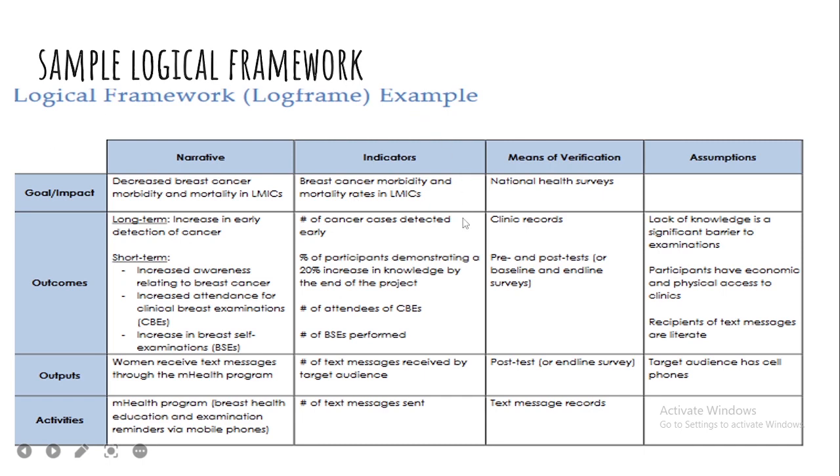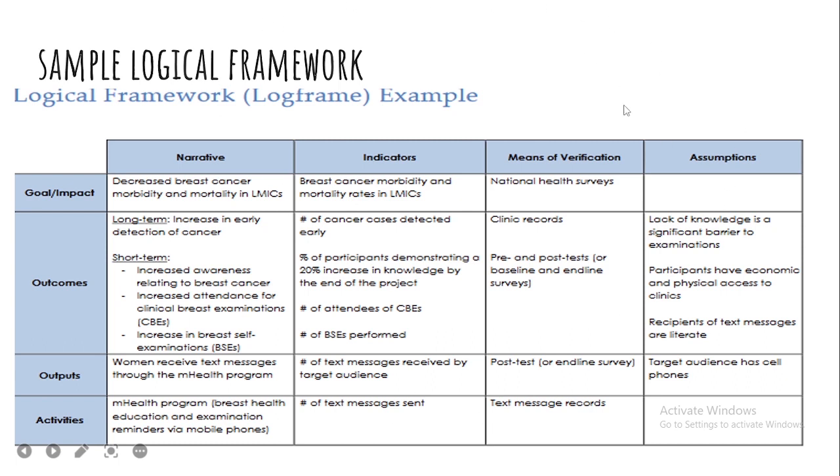It's a 4x4 matrix outlining the hierarchy of results, as the impact, the outcome, the outputs, and activities. And you're also indicating the narrative of these impact, outcomes, and outputs, the indicators, the means of verification, and assumptions.